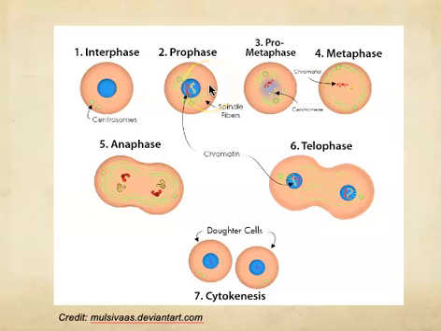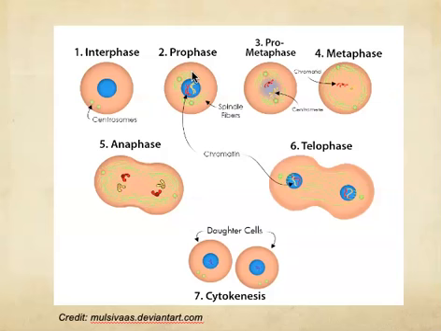So during prophase, remember, two things are happening. The chromosomes are going to condense, and the spindle apparatus is going to appear. Inside of the nucleus, we can see these linear structures appearing as the chromatin condenses and produces these chromosomes.